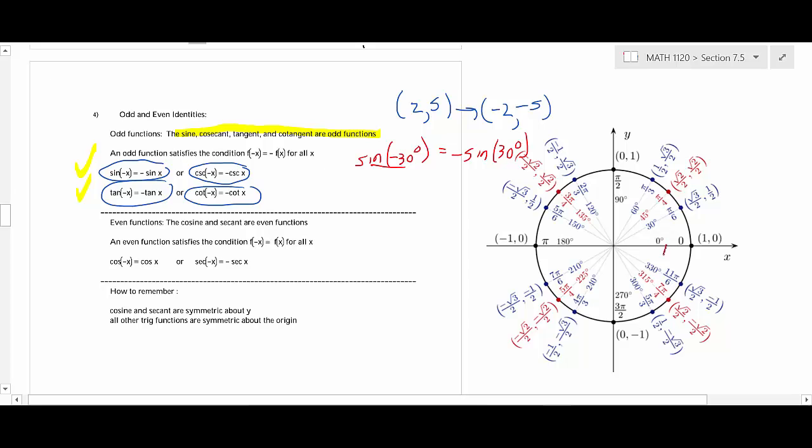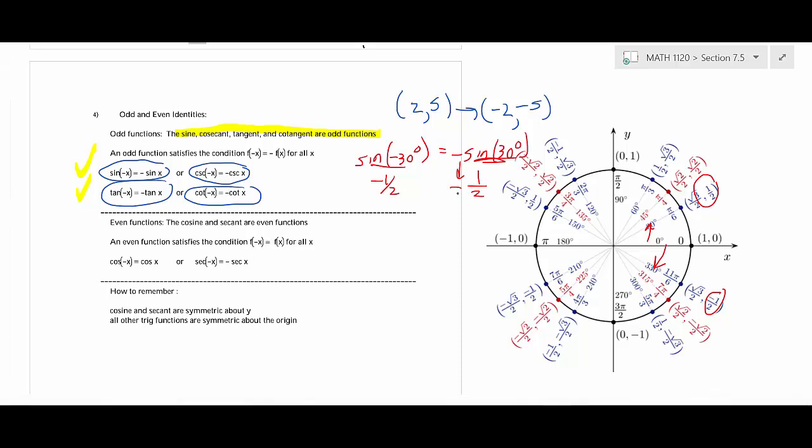Quadrant 4, right? Tell me what the sine of the angle is there. We now know on the unit circle, sine's the y value, right? So that's going to be -1/2. Now look at the sine of 30. The sine of 30 is here. What is it? 1/2. So therefore, you have to do the opposite of that. That's how that works. So when you have an odd function, it works like this.